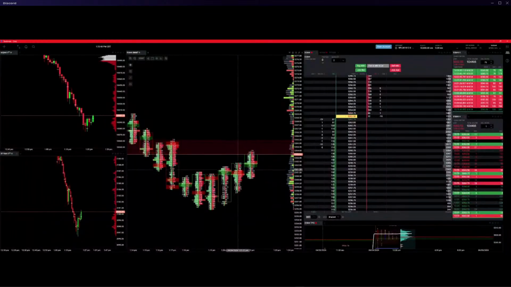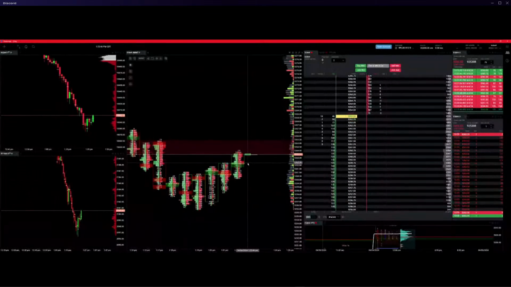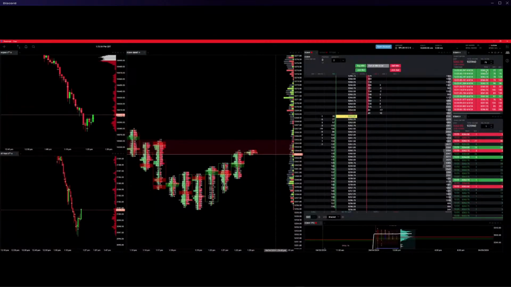Notice the bid is trying to move up. We have not seen this yet, right? 700 contracts here, 600 contracts here. We're seeing the push on tape, sizes coming up and over.